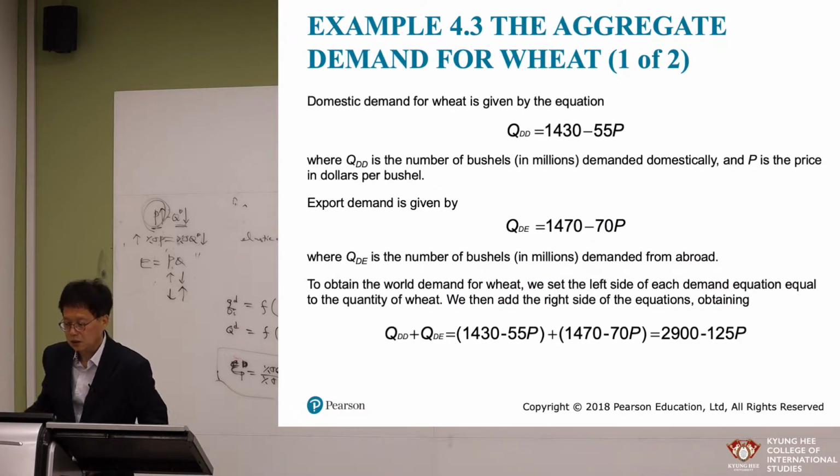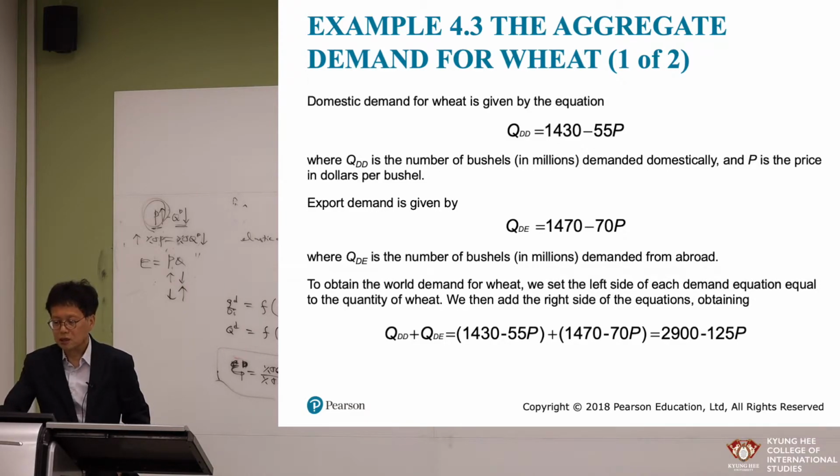Next slide: the aggregate demand for wheat. This is an example of a market demand curve. The market demand curve is the summation of individual demand curves. Similarly, one country's aggregate demand curve is domestic demand plus export demand, that is, foreign demand.